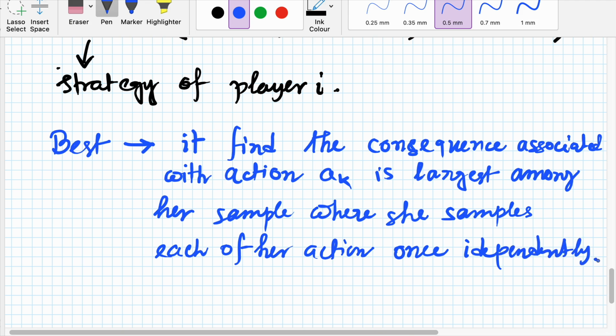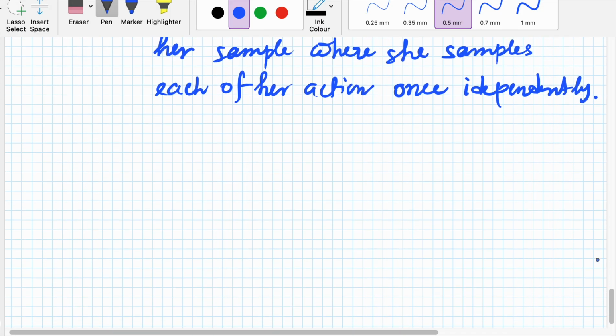It will be clearer when we see an example for the two players, two strategies case.